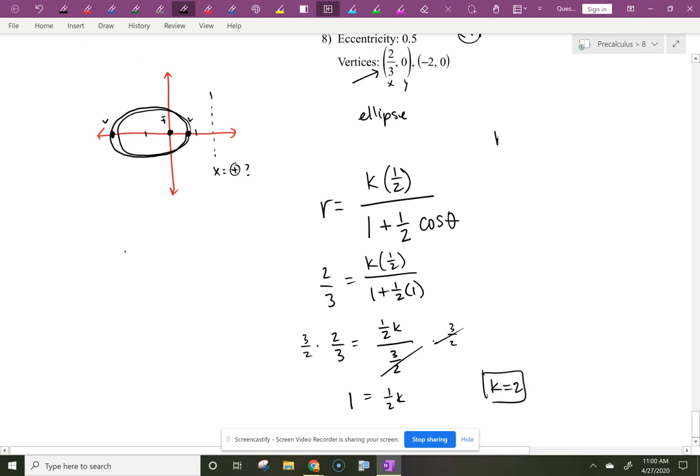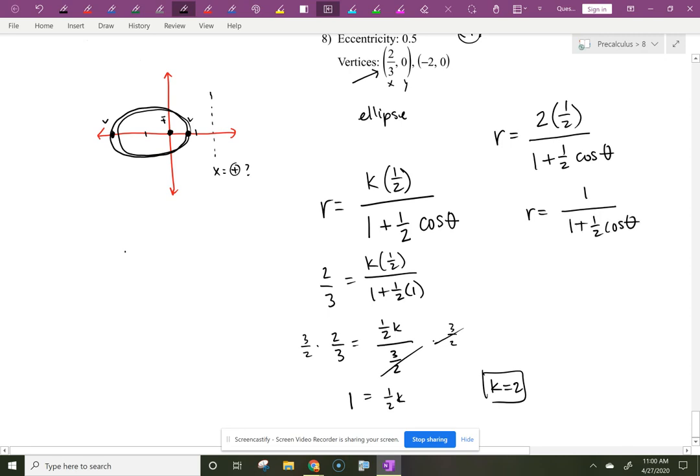So what's our equation? Our equation is r equals 2 times a half over 1 plus a half cosine theta. Now we could clean that up a little bit because 2 times a half looks weird, or you could say, hey, I like it because it tells me k and e, or maybe, I don't know, whatever your logic is. But here you go. This looks beautificent.